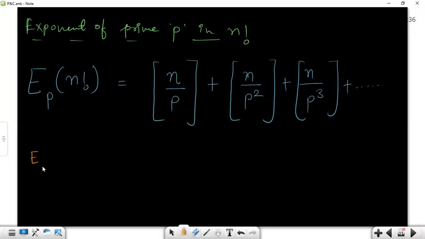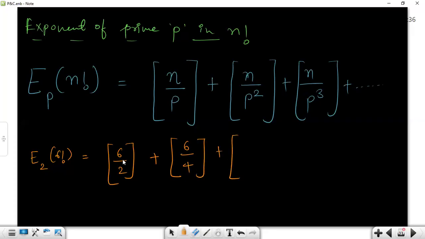So exponent of 2 in 6 factorial. n is 6 here, divided by 2, plus 6 divided by 2 square, that is 4, plus 6 divided by 2 cube, that is 8. Now we can stop. Okay. Why exactly? I'll tell you later. 2 raised to power 4 is 16. Okay, it will go on like this.